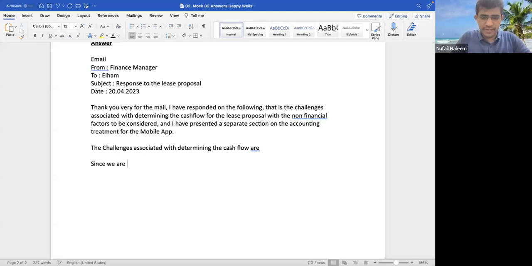Since we are operating in hotel sector, the biggest challenge will be on understanding the revenue share allocated to the hotel accommodation.